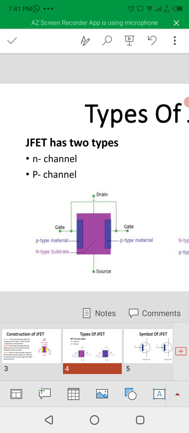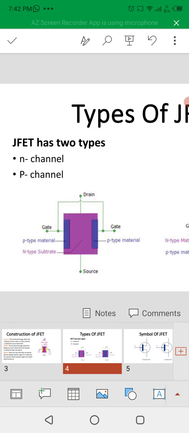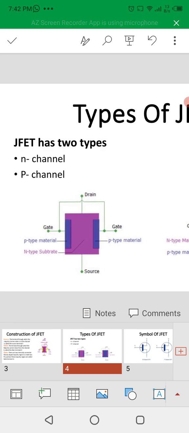N channel is an N substrate, a full n-type body, totally electrons, and two p-type materials are doped, as you can see.